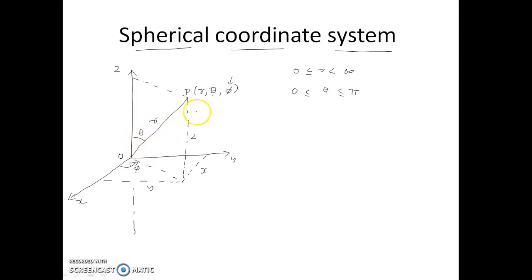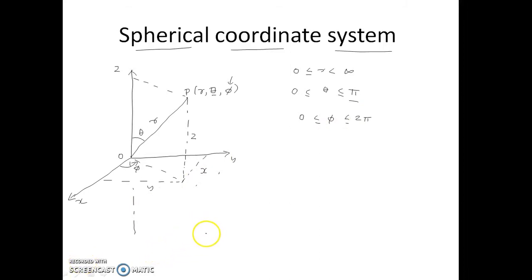So suppose the point P is on the xy plane, then this theta will be 90 degrees, that is pi by 2, and when it is on the negative z-axis, theta is pi. And phi, the azimuthal angle, as we have seen earlier, can vary from 0 to 2 pi.